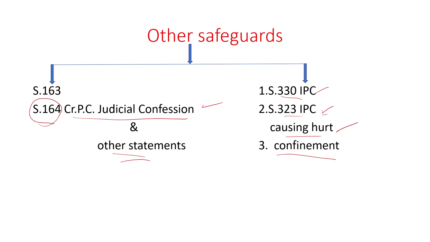Where the victim of crime has apprehension that the police officer can manipulate or fabricate the entire story, the victim may knock on the door of the magistrate. If the statement of the victim is recorded by the magistrate, there would be no chance or possibility for manipulation or fabrication, because the magistrate is part of the judiciary. Whatever the magistrate does is done in the interest of justice.